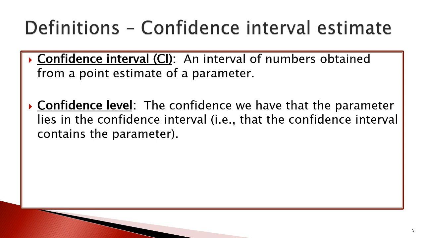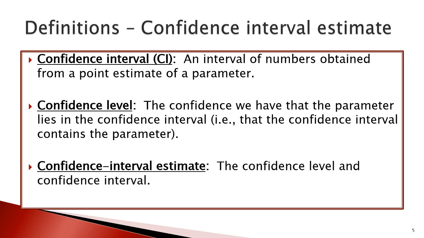The confidence interval is an interval of numbers obtained from a point estimate of a parameter, and the confidence level is the confidence we have that the parameter lies in the confidence interval.